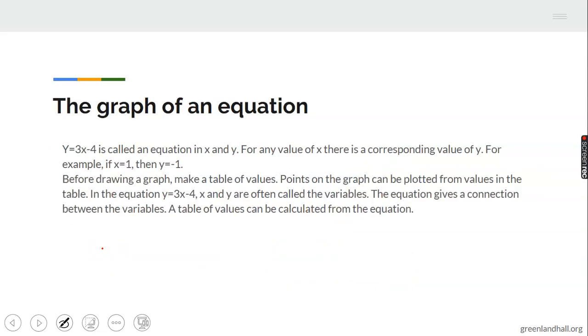The graph of an equation. When we have a straight line equation, it is generally of the form y equals mx plus c, where m is your gradient, x and y are the variables, and c is the intercept.